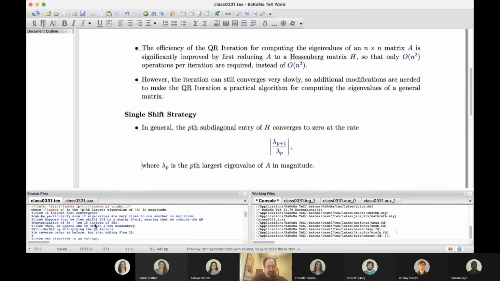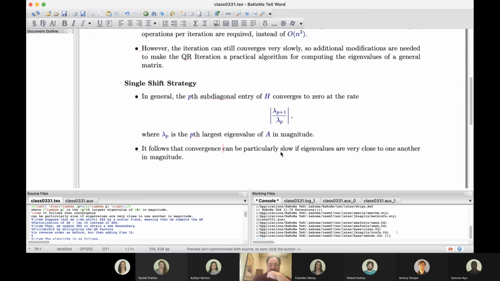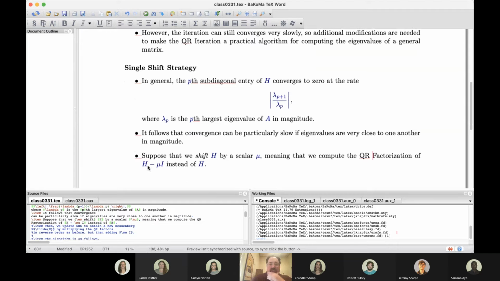So what can we do to change this convergence rate? We want to make this ratio smaller if we can. Suppose we shift H by a scalar mu.